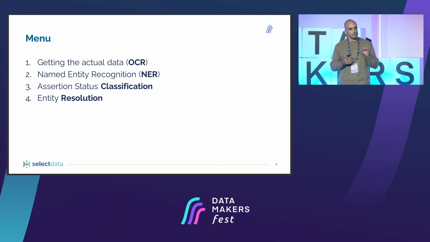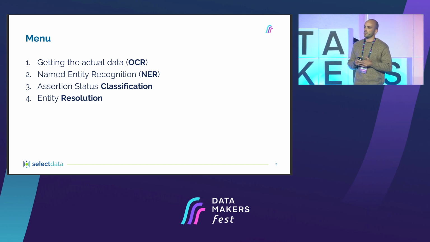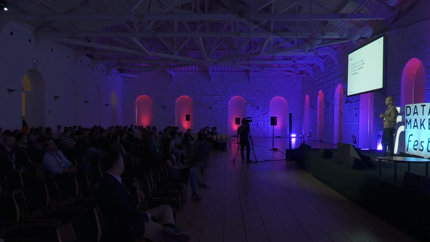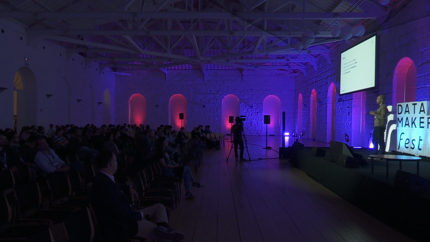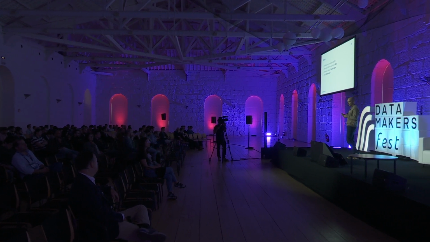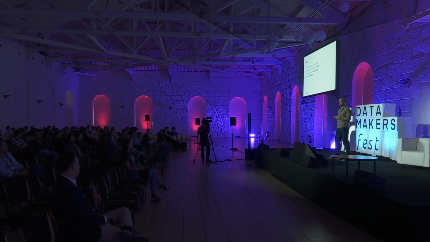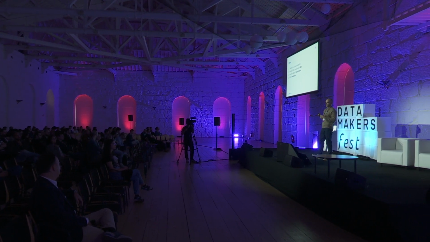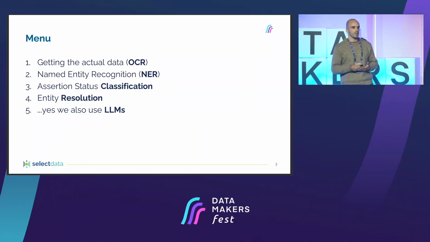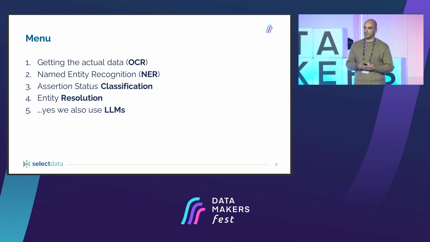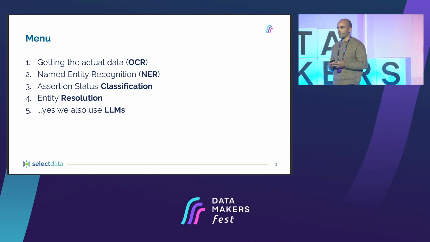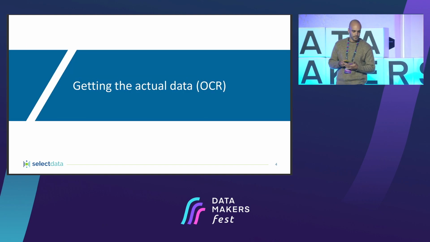Afterwards, we'll dive a little bit into assertion status classification, which is a task somewhat specific to the clinical field, and you'll see why. And then we'll touch upon entity resolution / normalization. And before you ask, yes, we are also using LLMs besides the traditional NLP models, and we can discuss a little bit how exactly we are using them.